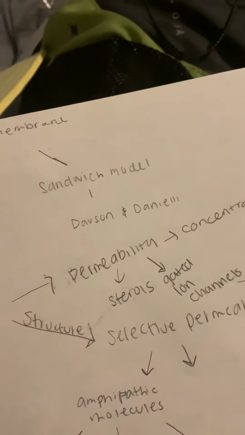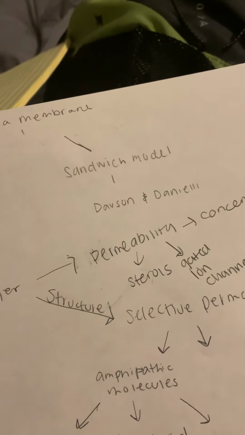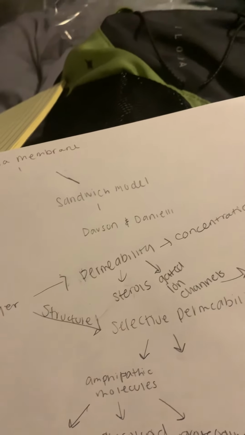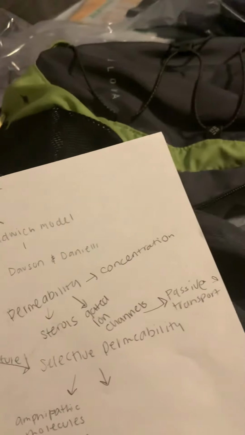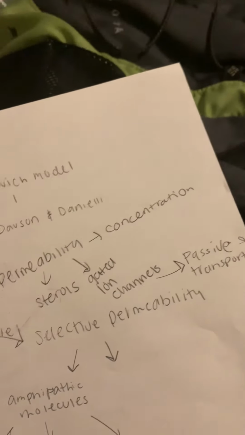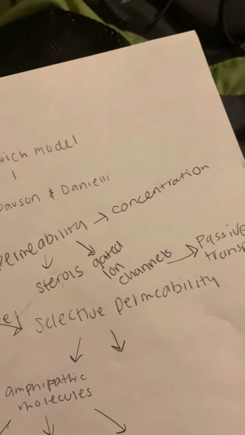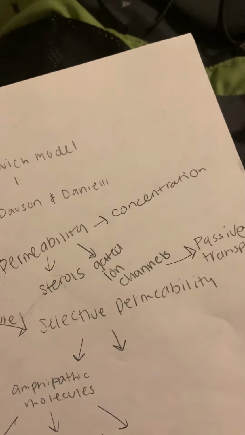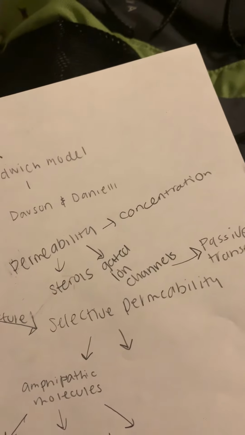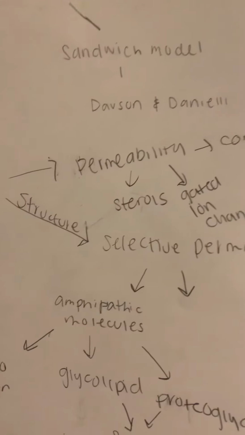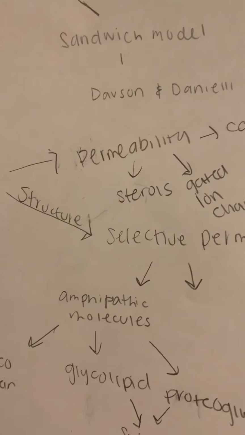All right, then we have permeability, which again is just the structure of the molecule, essentially. It goes to concentration. This is the gradual difference in concentrations of solutes in a solution between two regions. And then we have sterols.